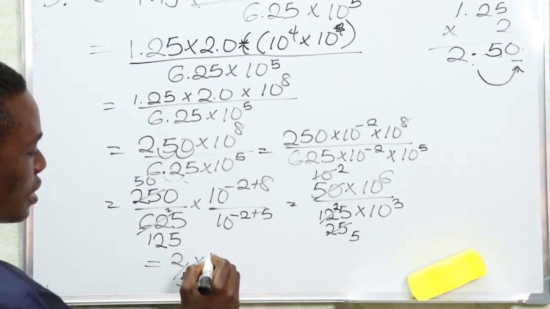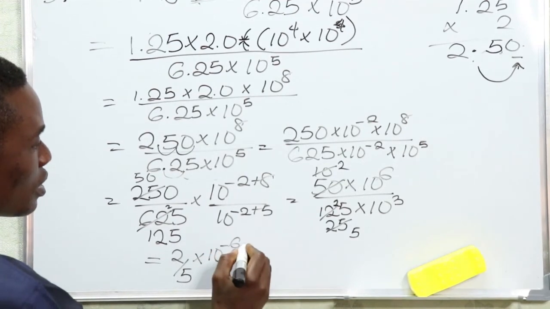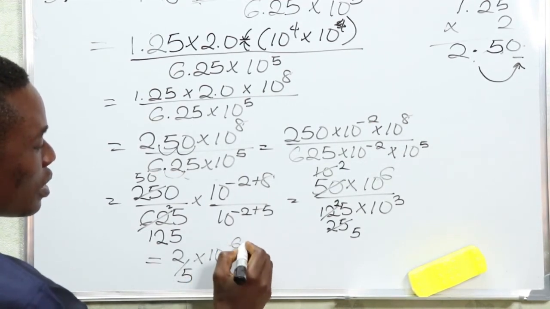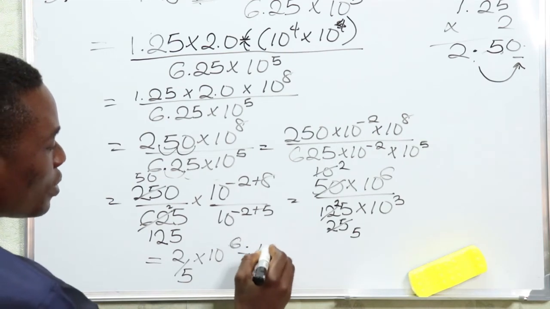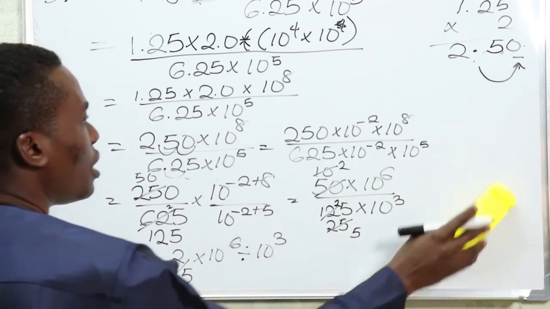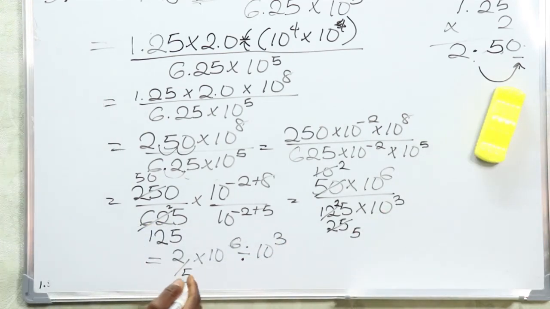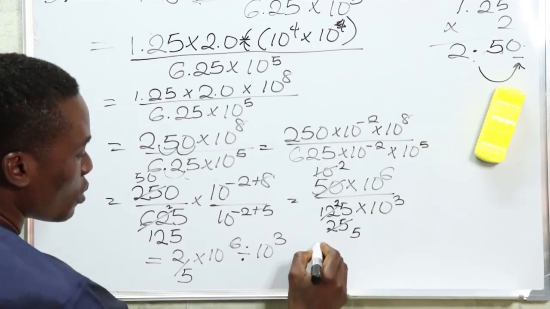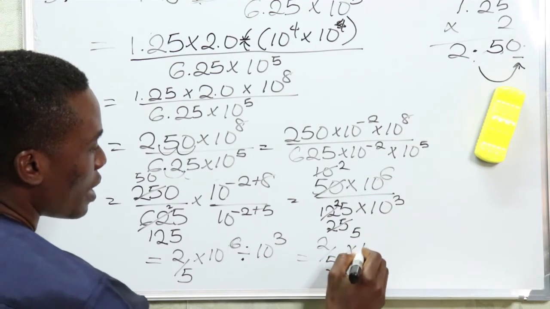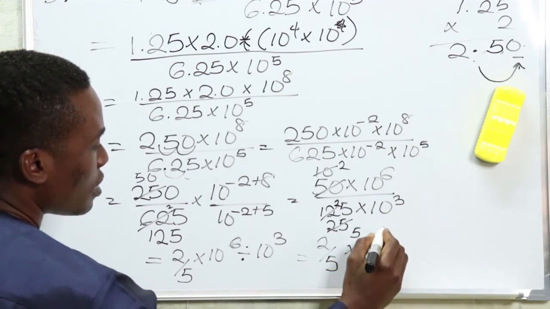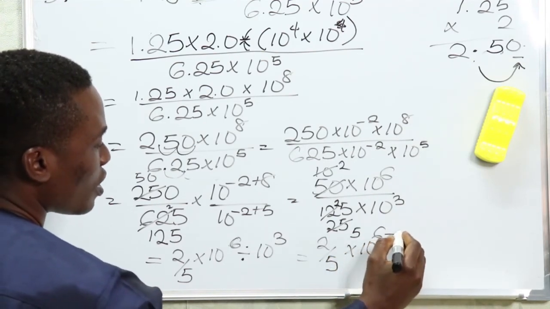multiplied by 10 raised to the power 6 divided by 10 raised to the power 3. Now let's look how we can simplify this further. This will be equal to 2 over 5 multiplied by 10 raised to the power 6 minus 3.